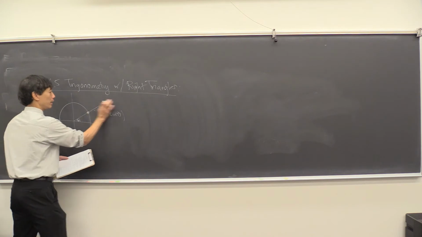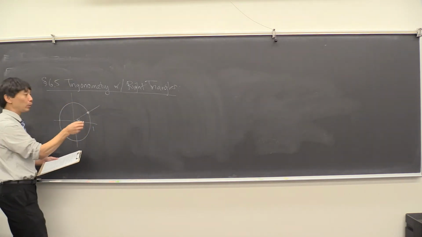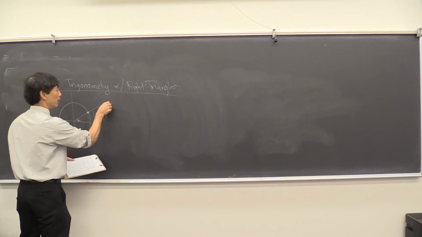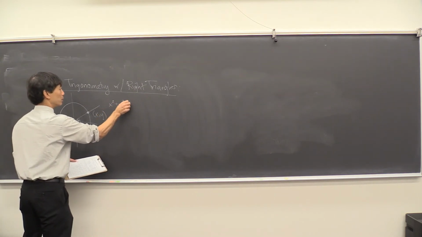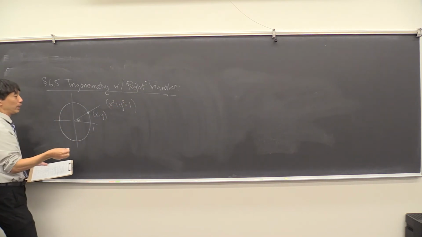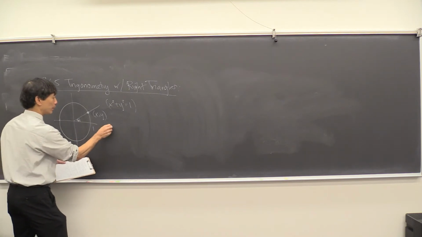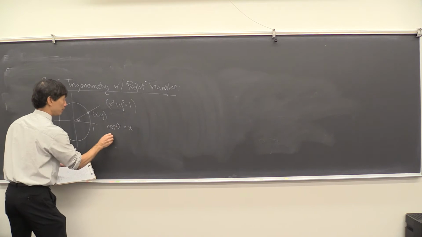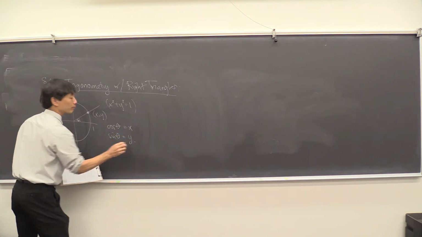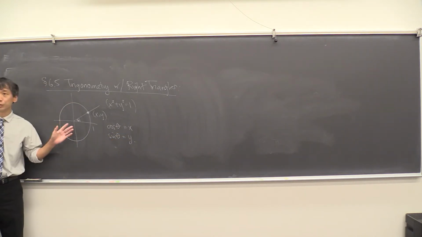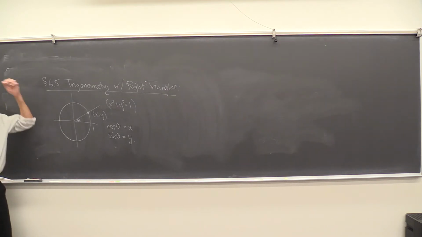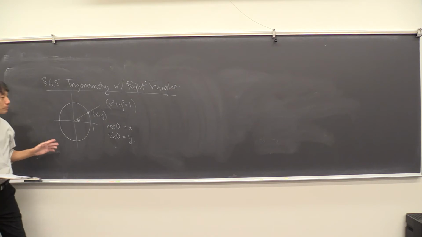This point has some coordinates x and y, and those points lie on the unit circle, because that's how we define them. We let cosine of theta be x and sine of theta be y. So that's our traditional, or maybe non-traditional, definition of the cosine and the sine.